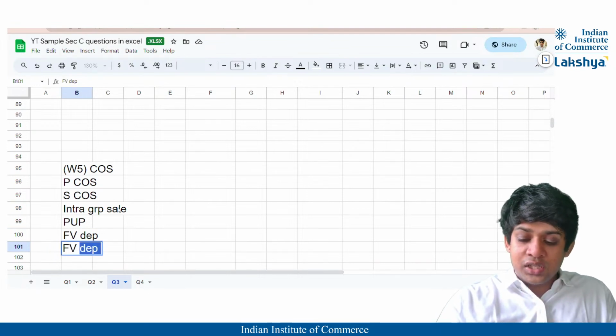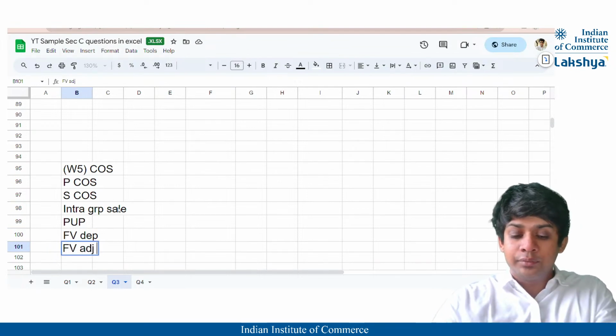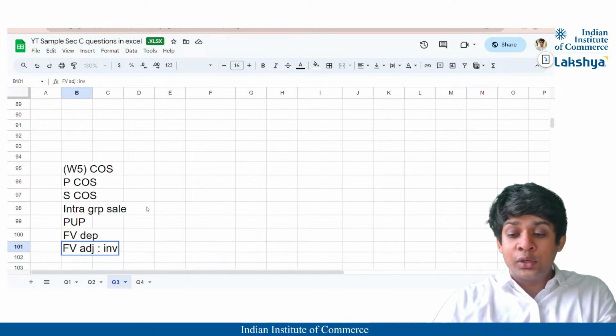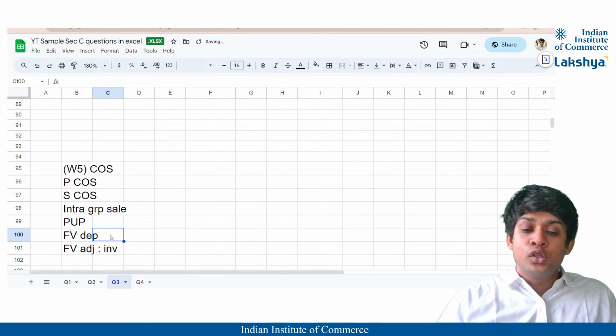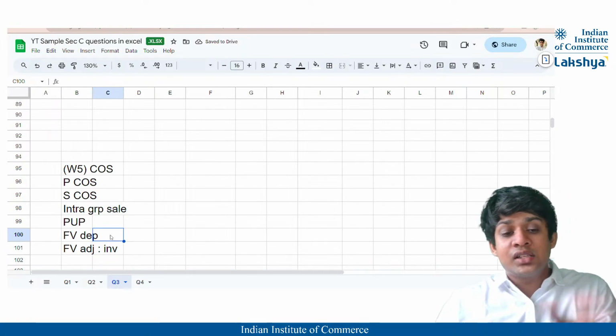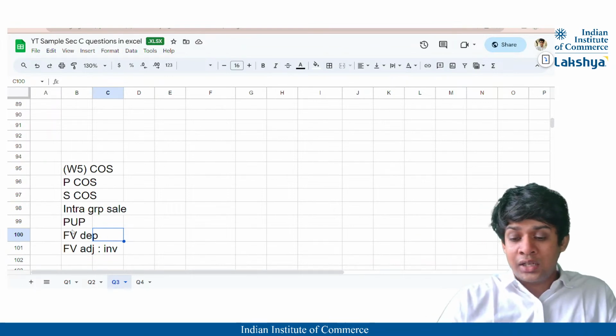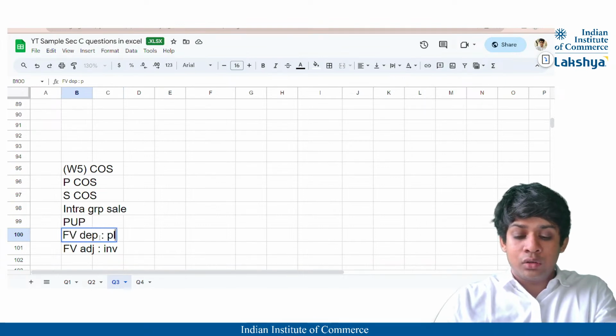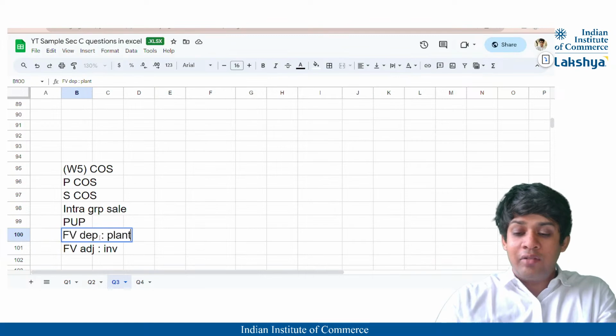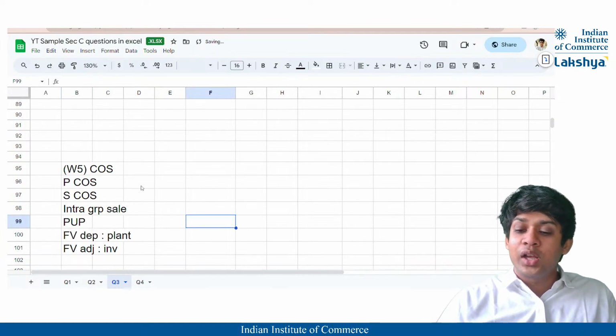Then any fair value adjustment of my inventory, as I told you, is added to the cost of sales because it is sold by the year end. So once the inventory is sold, it is going to your cost of sales, correct? So that adjustment is to be made here. Fair value depreciation is of the plant, not of the inventory, guys. Inventory is not depreciated.